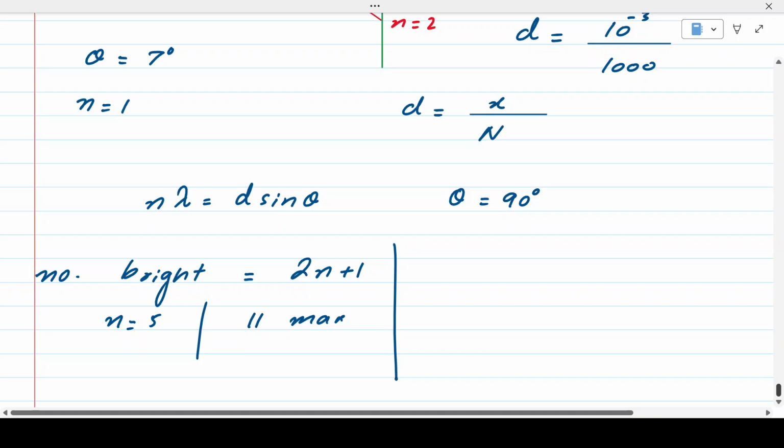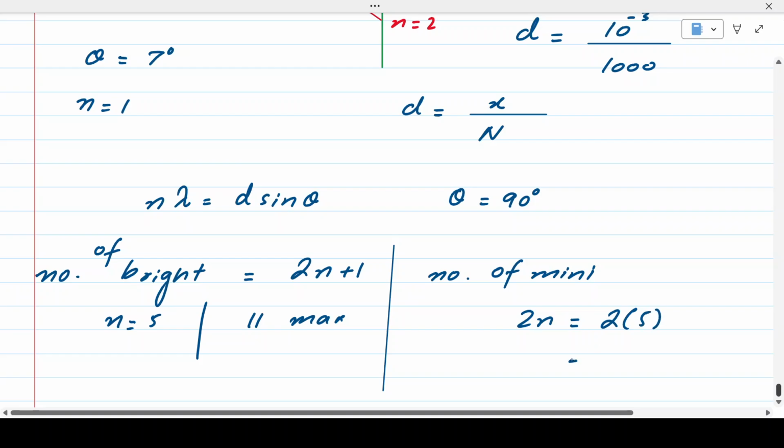In order to find the total dark spots, or the number of minima, you simply do 2n, because there is no minimum at the center. So for example, if n equals 5, the number of minima would be 10.